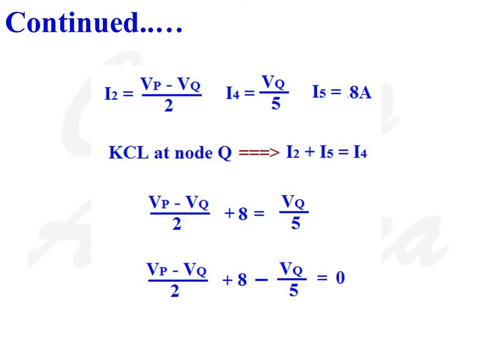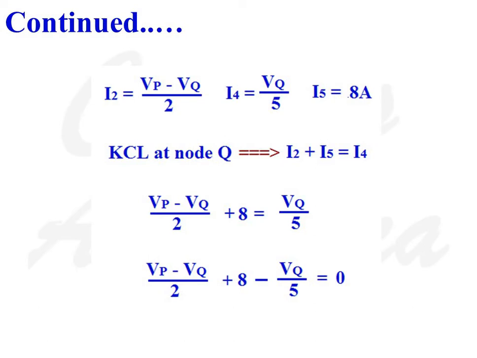So I2 is equal to Vp minus Vq divided by 2, I4 is equal to Vq divided by 5 and I5 is equal to 8 ampere. According to Kirchhoff's current law, I2 plus I5 is equal to I4. Vp minus Vq the whole divided by 2 plus 8 is equal to Vq divided by 5.